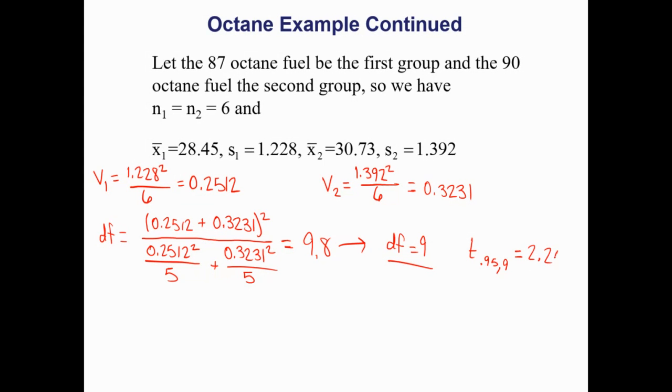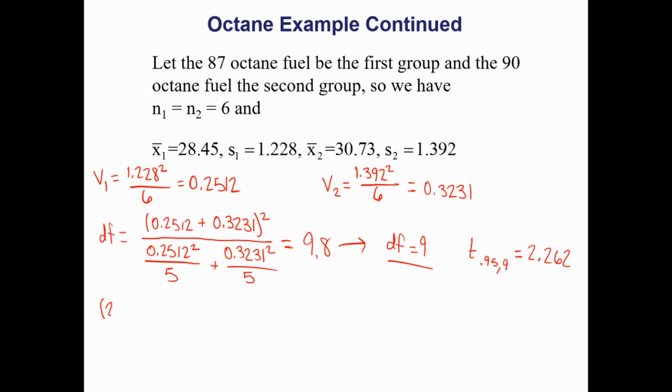2.262. Okay, so from there, let's calculate our interval. I'm not going to write the formula out this time. Typically you would, just so you know what to plug in and where. But I'm just going to jump into it.